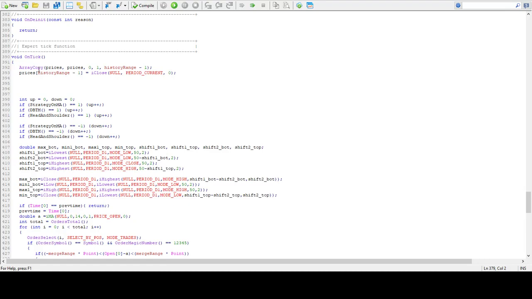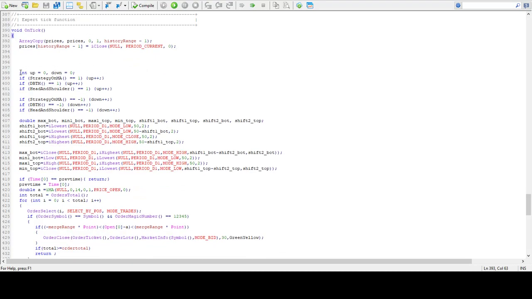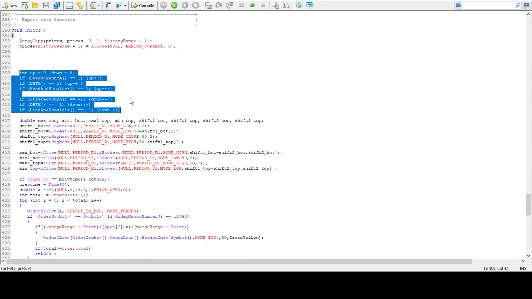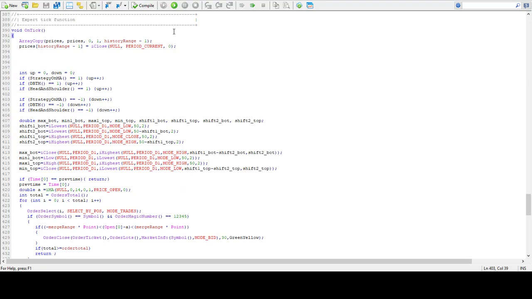And now we get into the on tick. This is just refreshing the prices for head and shoulders. Here we're calculating the up and down possibilities based on what each algorithm returns: strategy on MA, double top and double bottom, and head and shoulders.